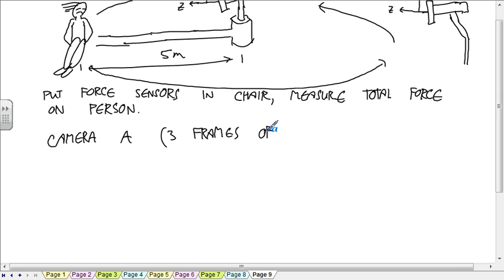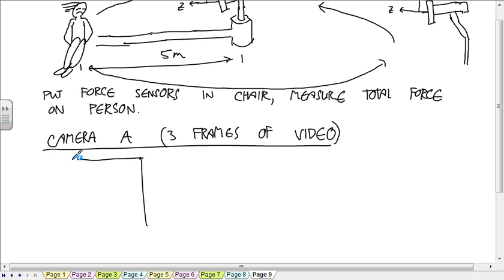So let's say we're looking at 3 frames of video. The first frame, camera A would see, so the y-axis is like this, the z-axis is into the page, the x-axis is like this.